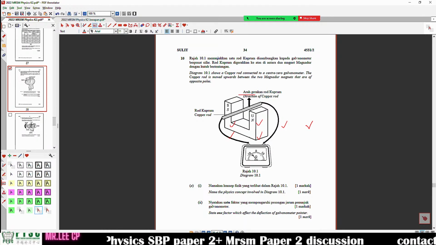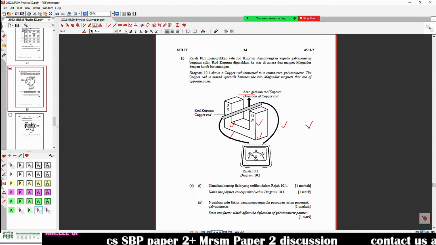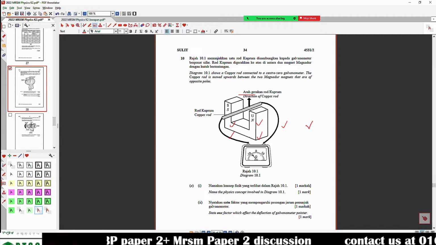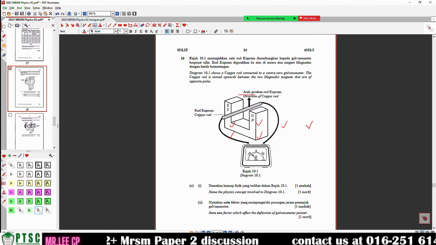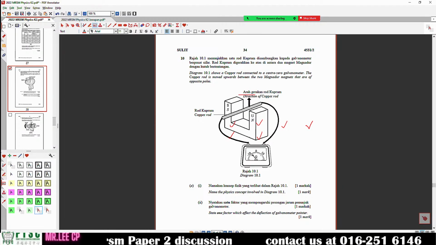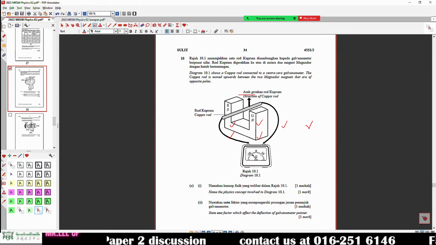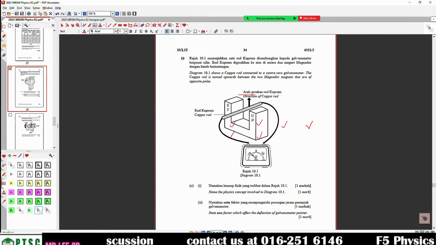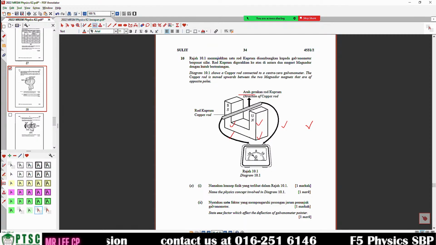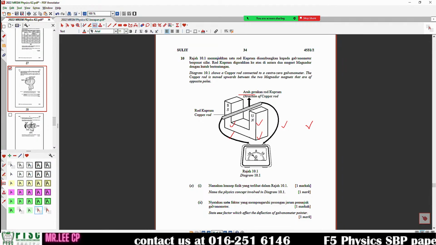And then I am going to do paper 1 and paper 2 for you for SBP and MRSM. And the question that most of you ask me is, Cikgu, which topic do you predict? I have told you many times already. The topic that I predict here.